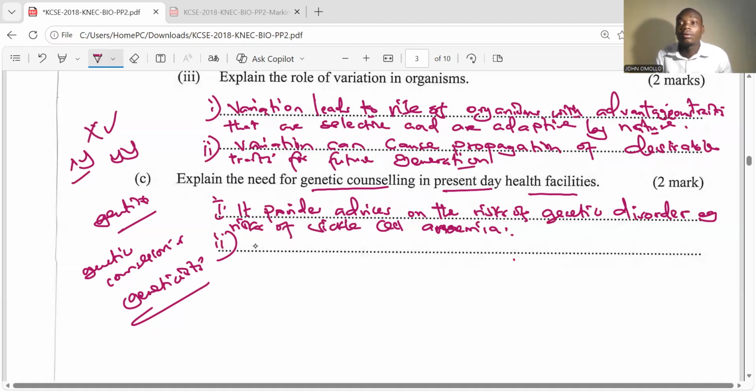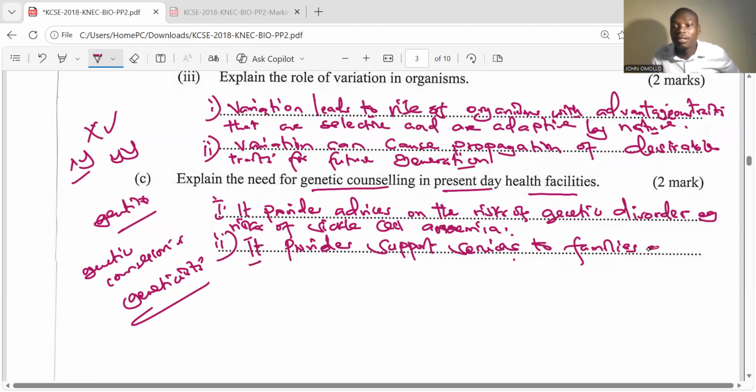It provides support services to families. E.g., what are these support services?